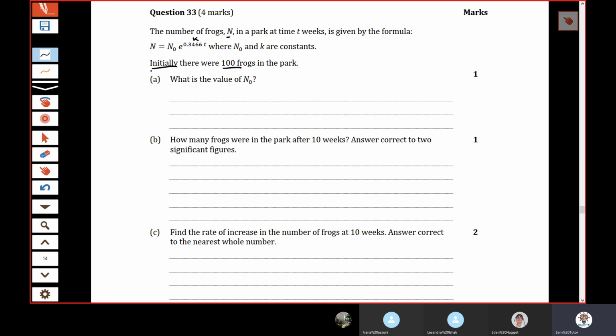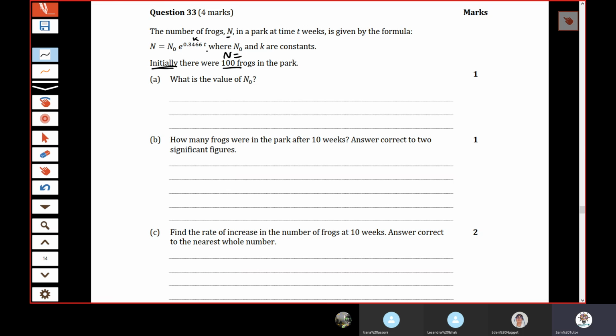What does that mean? So what does initially mean, and what letter is 100 frogs? What letter? N is 100 frogs, I agree. And initially? At the start, yeah.